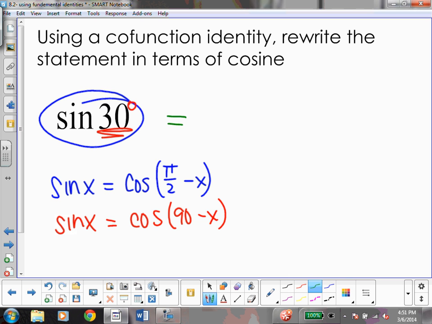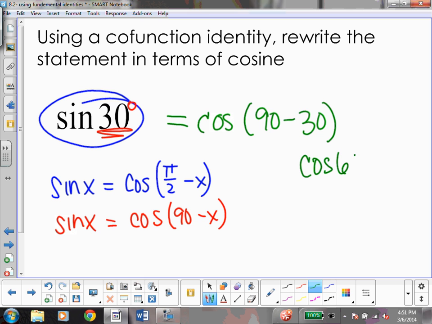So basically, I can say the sine of 30 is the same thing as the cosine of 90 minus 30, which we know is the cosine of 60. And I can verify that because 30 is a special angle. The sine of 30 is 1/2. The cosine of 60 is also 1/2. So we know that to be true.